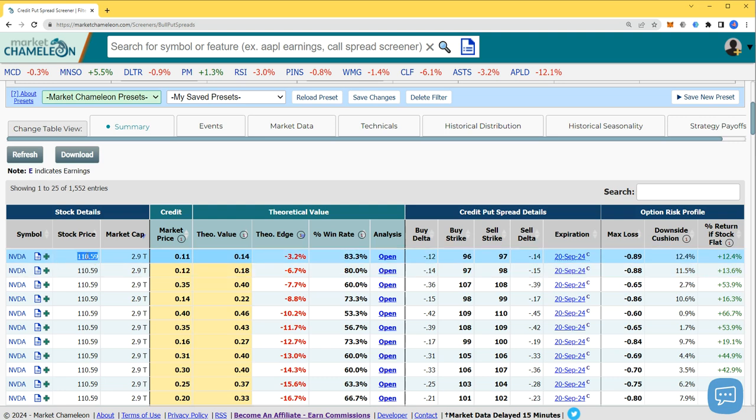But as I said, for these trade opportunities, if Nvidia goes up, great, you will win. There are three ways to win with this put credit spread if you're bullish on Nvidia. If Nvidia goes up, you win. If Nvidia stays at 110, you win. If Nvidia goes down all the way until 97.01, something like that, by expiration in about 2.5 weeks, you still win.